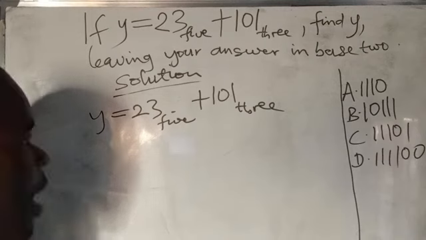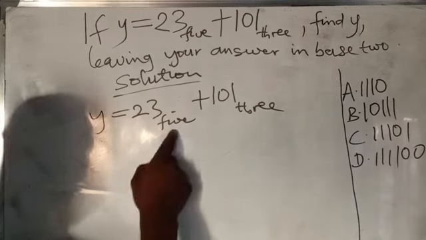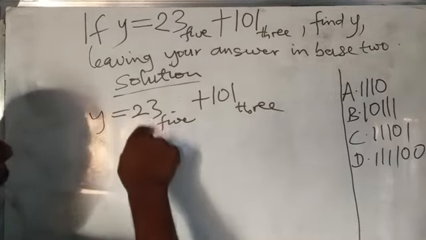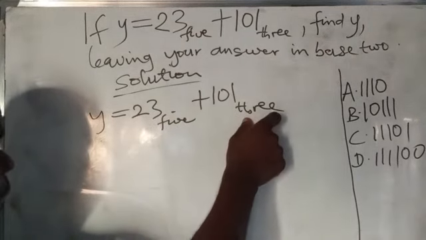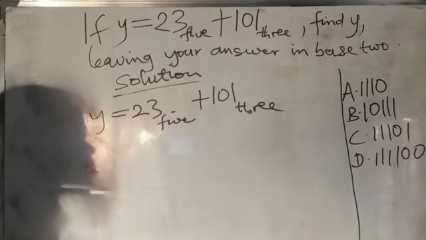You understand? Because base 10 is common to all the bases, and we have base 5 here and base 3 here, it is not possible for us to add this base 5 to this base 3 unless we make them common.